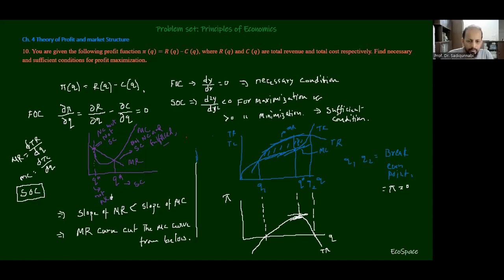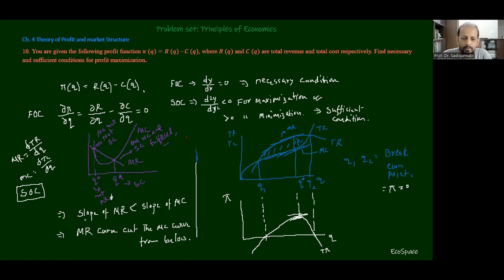Okay, so let us see whether this condition, that the slope of MR is less than the slope of MC, is fulfilled or not. You see that here, the MC curve has a positive slope and the MR curve has a negative slope. So this condition is satisfied.